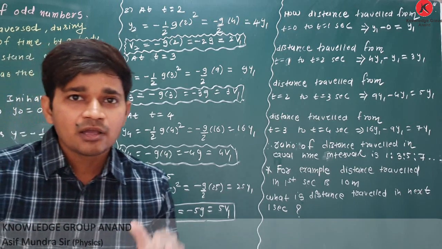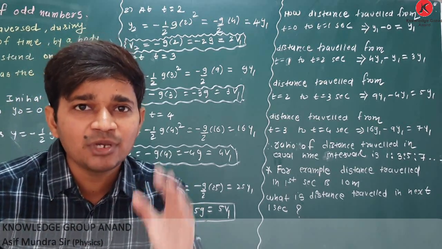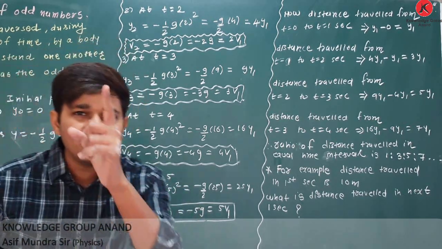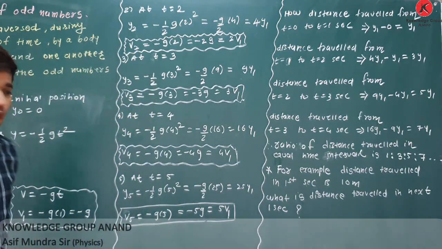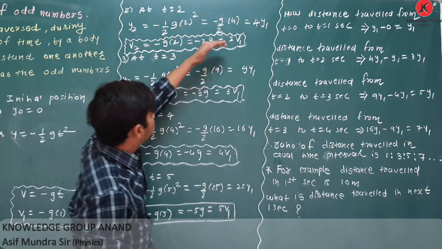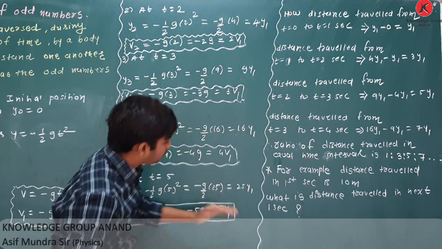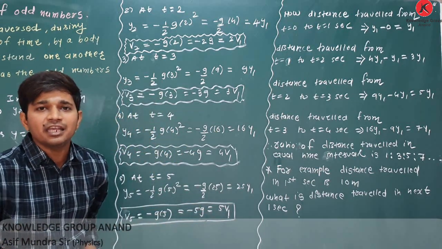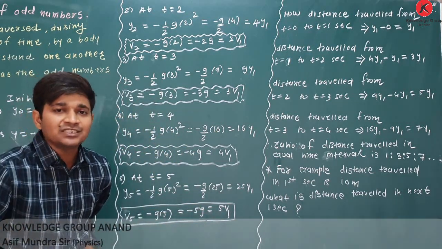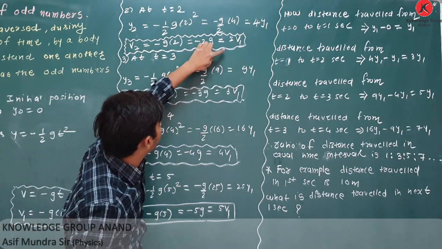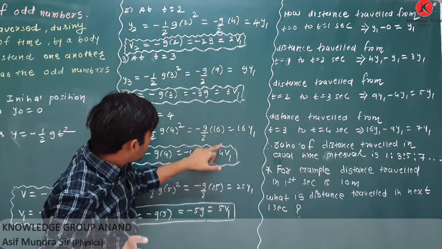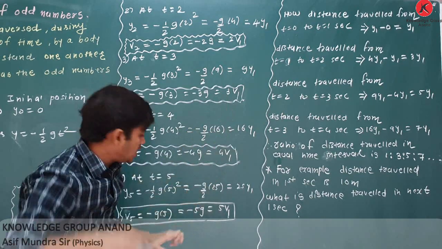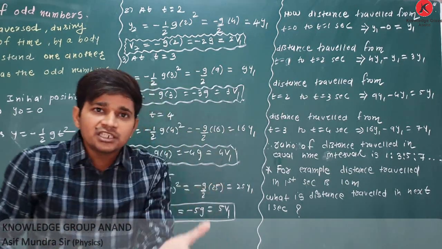So see. Between any time interval, what is the change in velocity? v1. Here it is v1, then 2v1, 3v1, 4v1, 5v1. If you take the change in velocity for any time interval, 3v1 minus 2v1, v1. 4v1 minus 3v1, v1. 5v1 minus 4v1, it is v1.